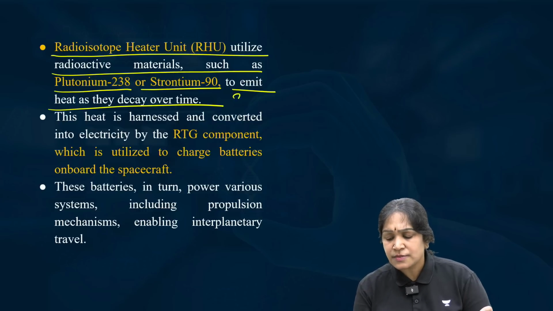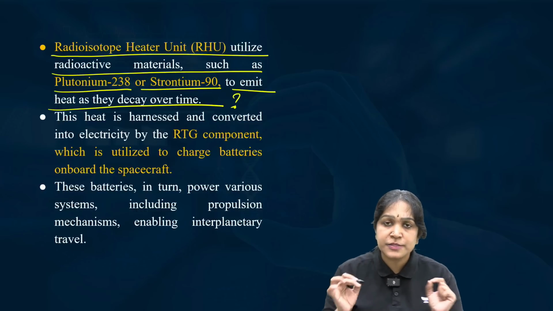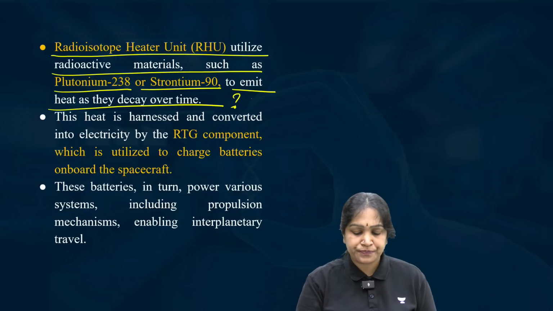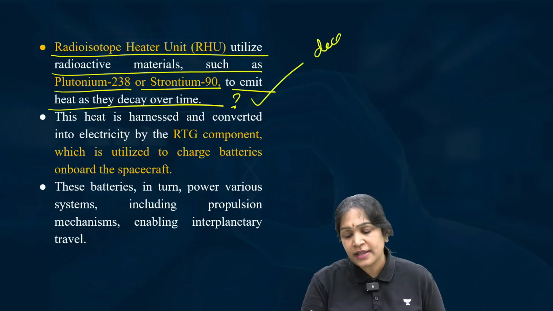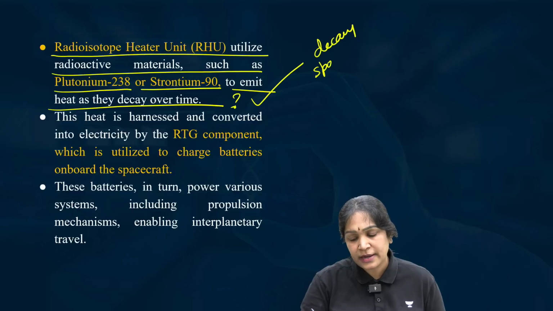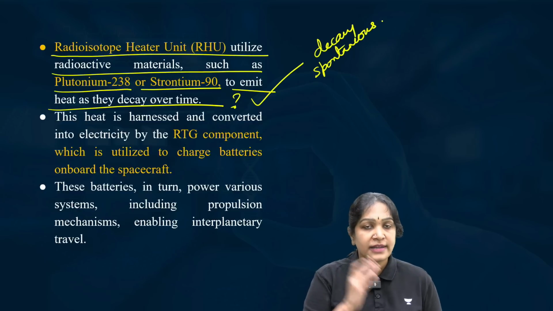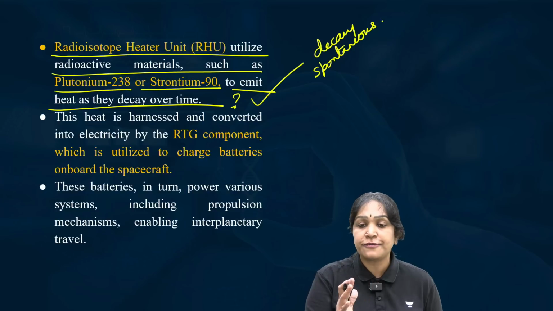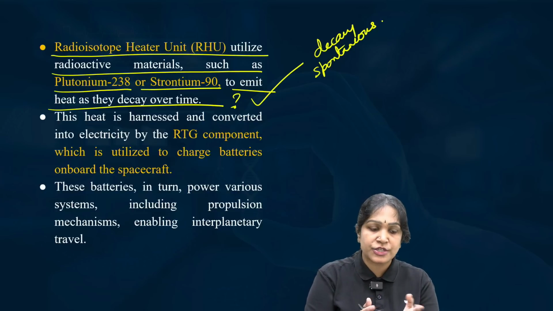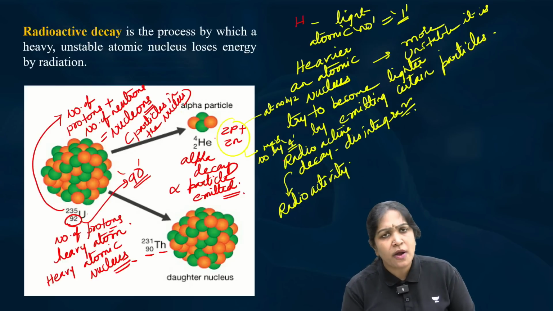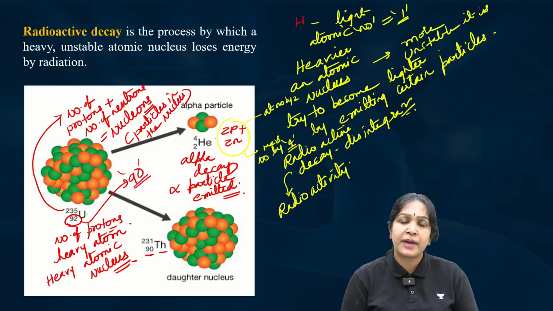This will raise one small doubt. Is the decay spontaneous, or should we cause the decay? The radioactive decay is spontaneous. You don't have to catalyze this reaction, you don't have to stimulate it, you don't have to trigger it.